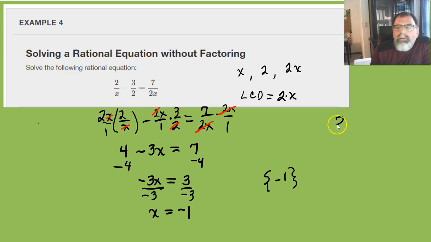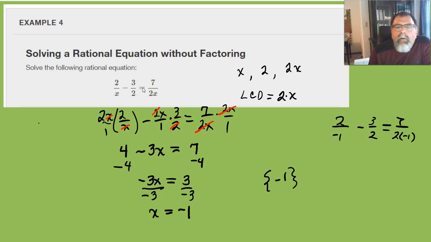So we just have to make sure that we're allowed to use it, which maybe isn't obvious, but it works. You can check it, you can type this in a calculator, make sure they're equal. But what we're looking for is anything that's 0 on the bottom. You can't use it and you would have to throw it out. Okay, so you have to verify that you're allowed to use it.